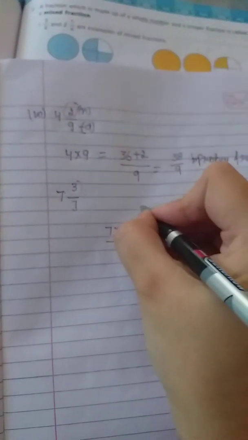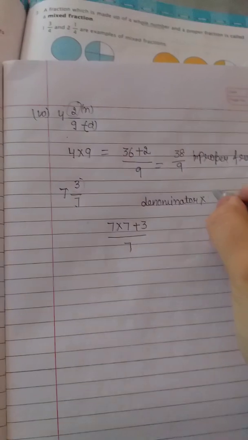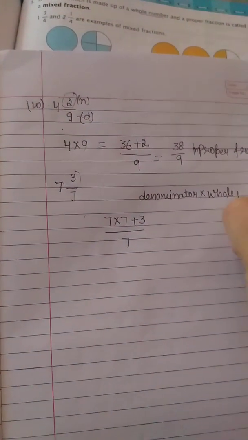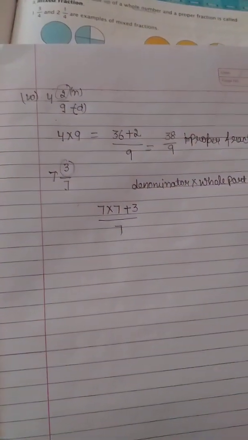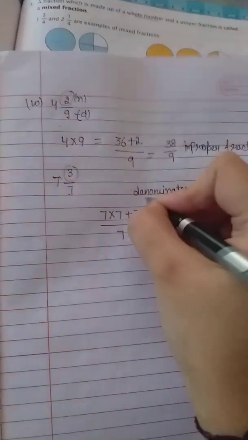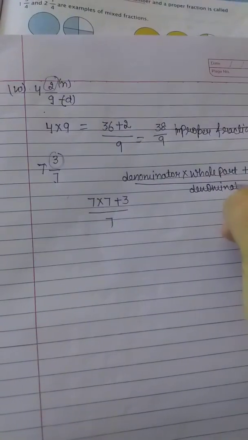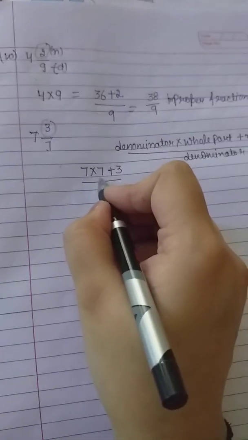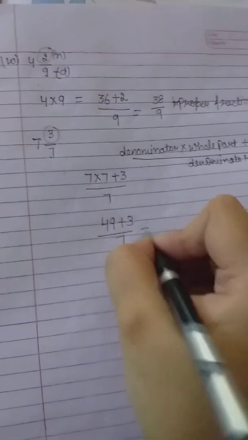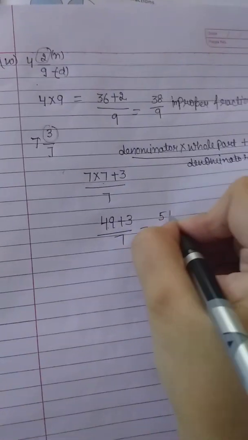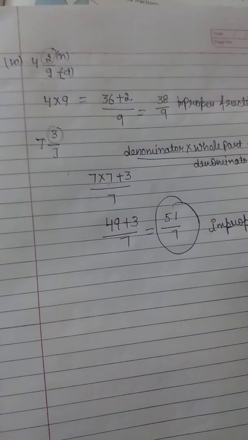That means denominator multiply whole part plus numerator and divided by denominator. So 7 into 7, 49. 49 plus 3 upon 7, that means 51 upon 7. This is our improper fraction.